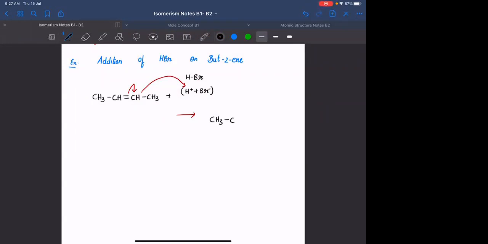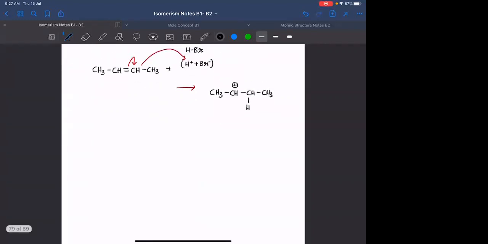CH3. वो pi bond polarize हो गया, so इसके ऊपर positive charge आएगा. CH इसके ऊपर हाइड्रोजन जाके लगा, bond CH3. Agreed? Once you form this, Br minus will be attacking on this particular positive charge. Tell me the hybridization of this carbon.